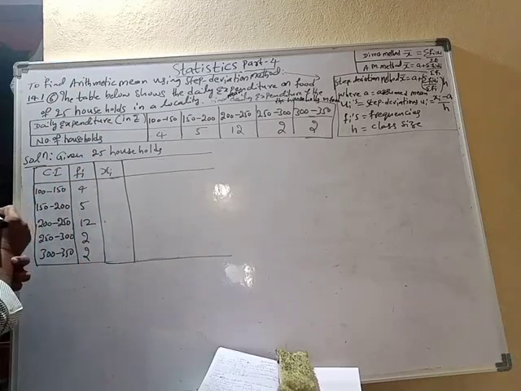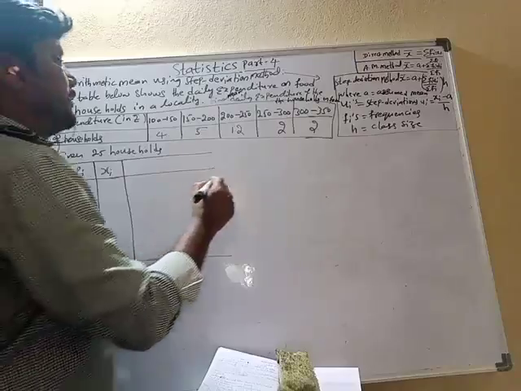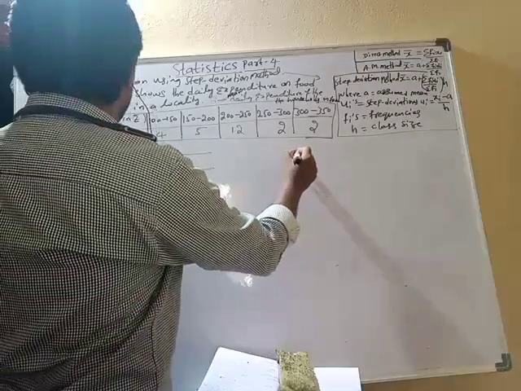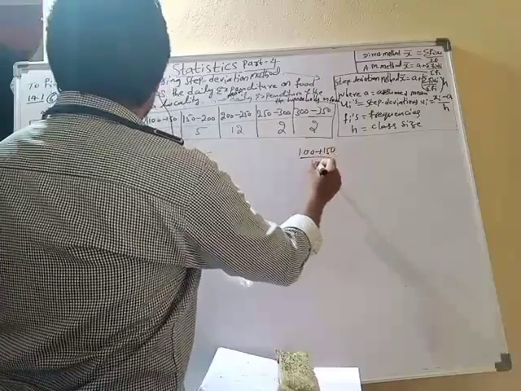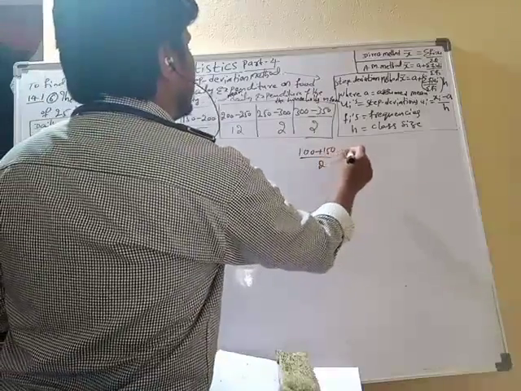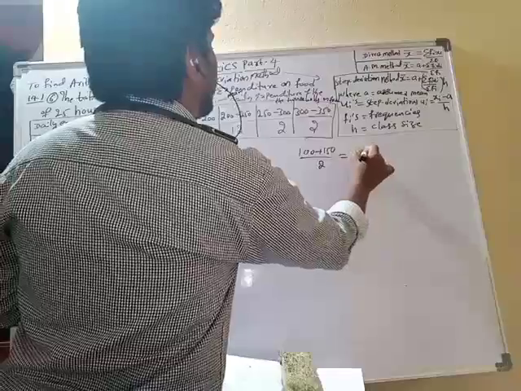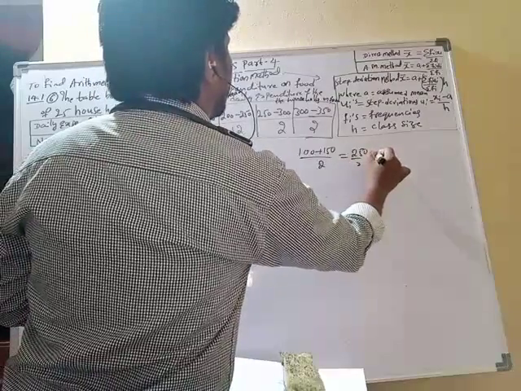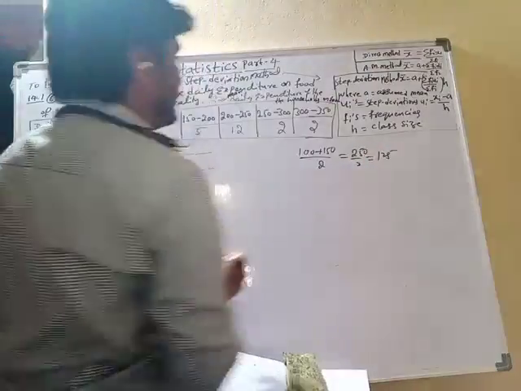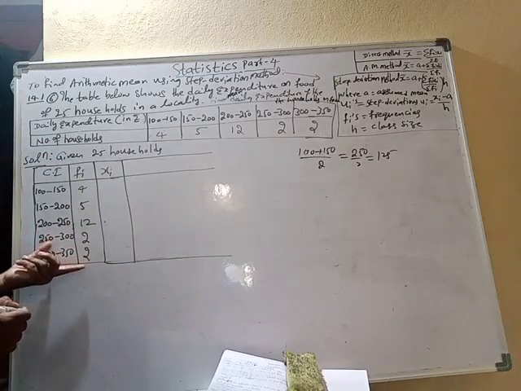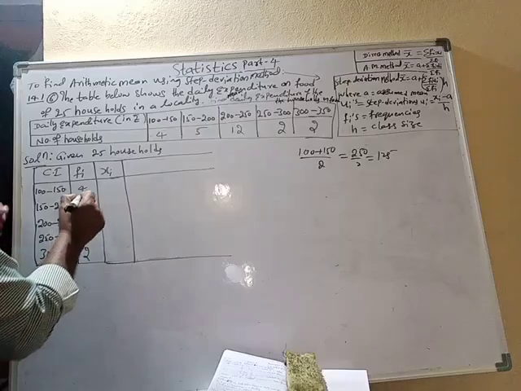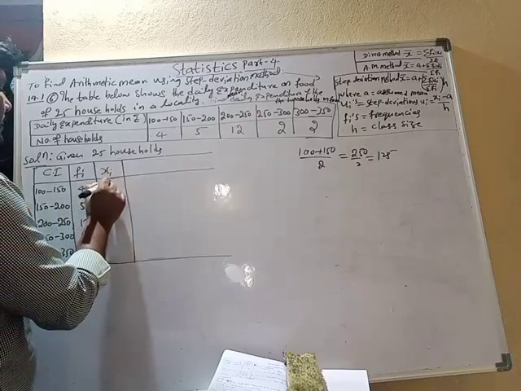Find xi. Xi is nothing but the mid values of the class intervals, that is 100 plus 150 by 2, that is 250 by 2, that is 125. Similarly, all the mid values of the class intervals you have to calculate, that is 125.